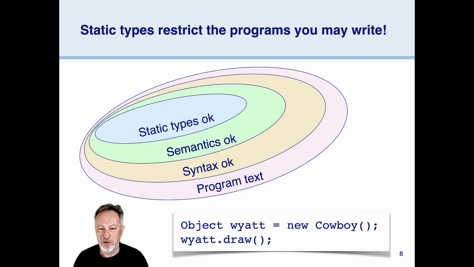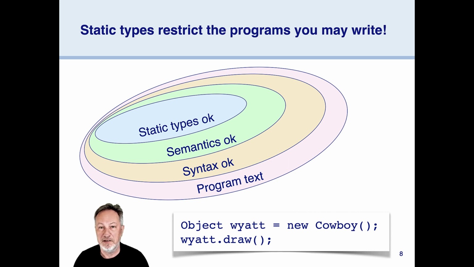Let's take a look at the little snippet at the bottom right of the slide. In this code, we have a variable of static type Object, and we assign to it the value of an expression which creates a new instance of the class Cowboy. Well, a cowboy is an object, so this assignment is perfectly fine. We have a static type of Wyatt, which is Object, and a dynamic type, which is Cowboy. In the next line, however, we try and invoke the draw operation on Wyatt.